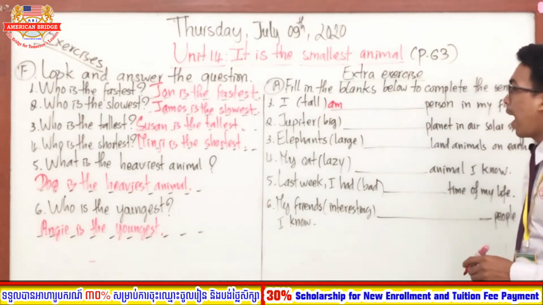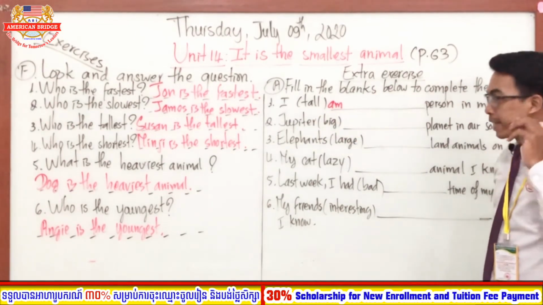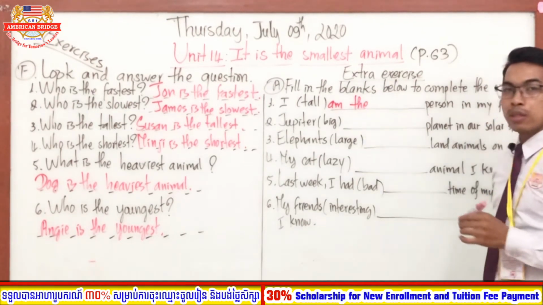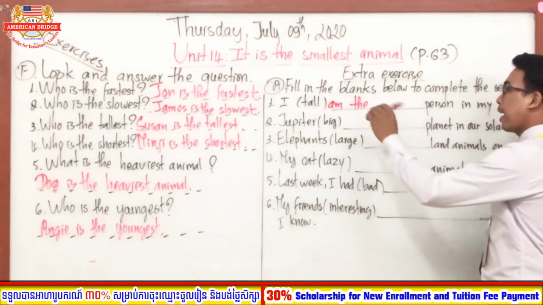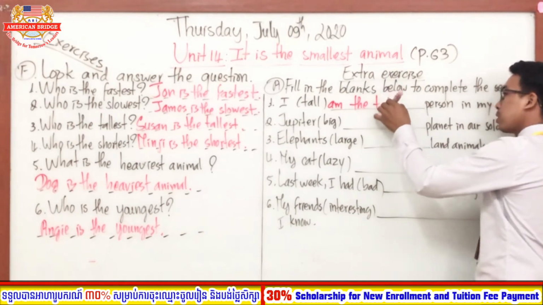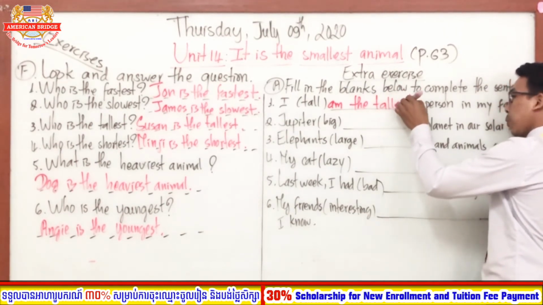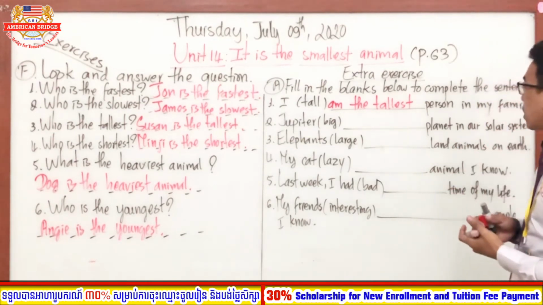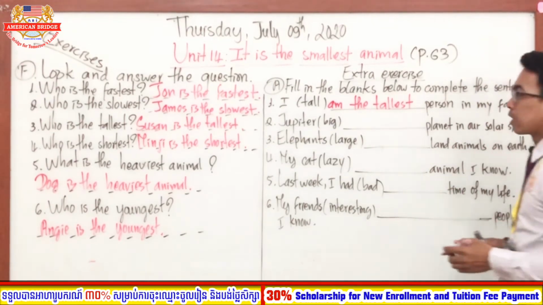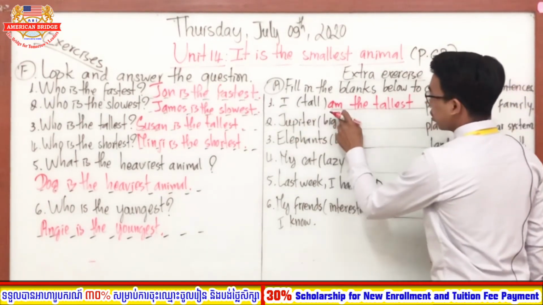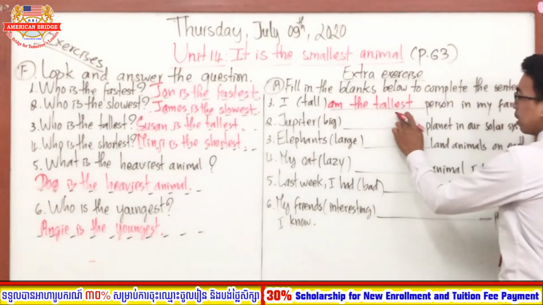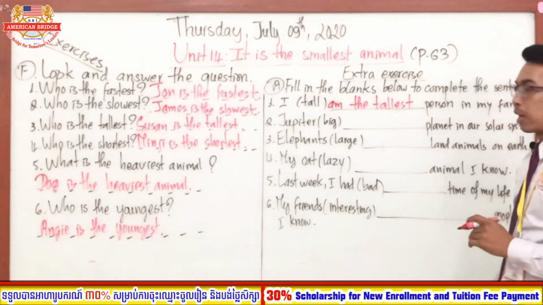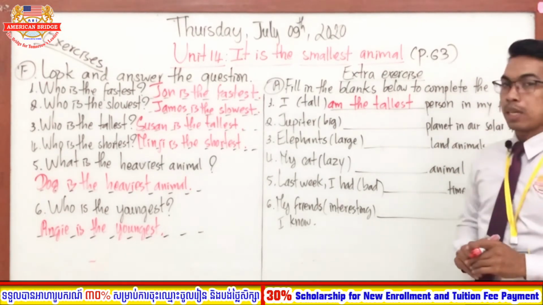So I am the tallest person. I am the tallest person in my family. So we have the subject, the to be, and a superlative adjective, and the rest of the sentence is the object.